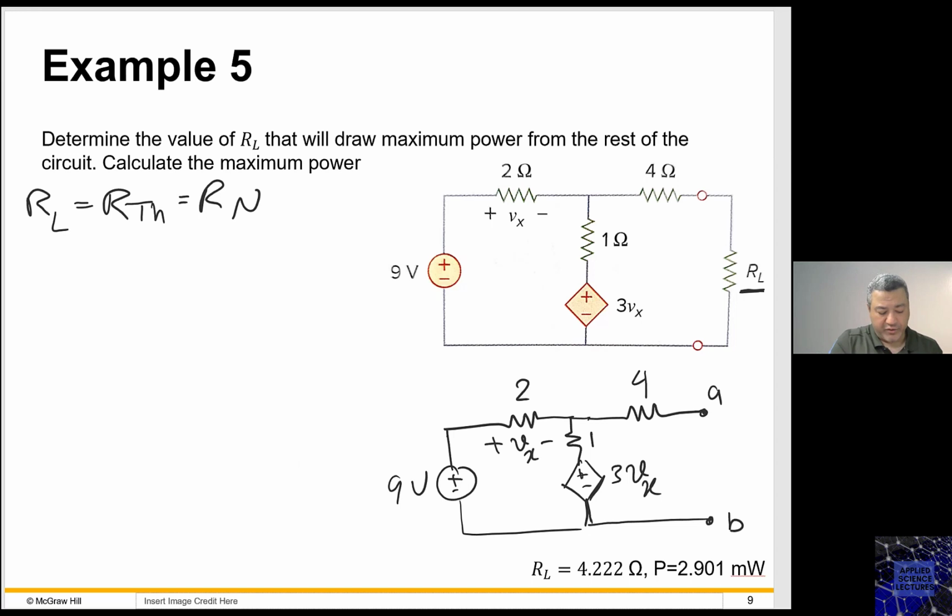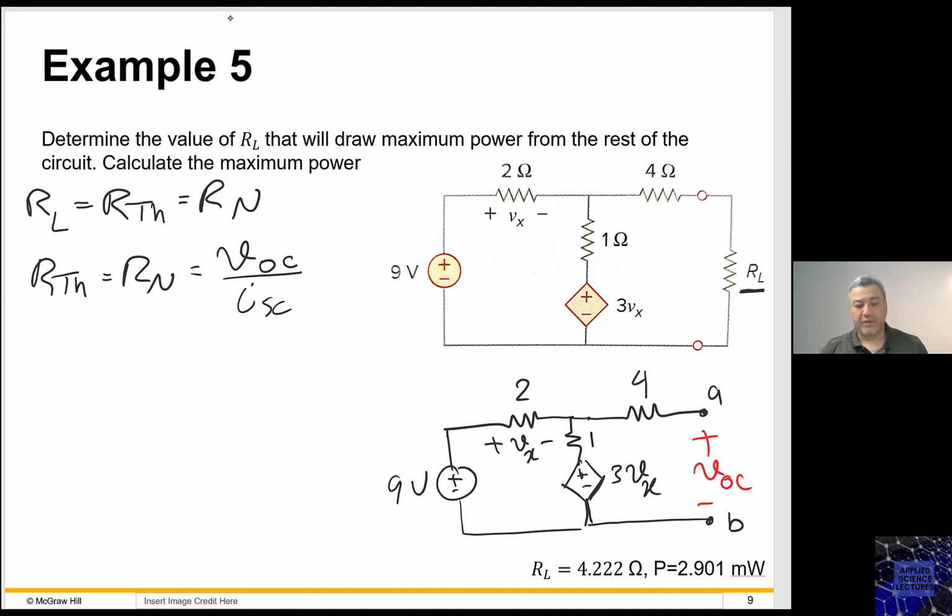So, to find R Thevenin or R Norton, I can go V open circuit over I short circuit. Let's start by calculating the V open circuit, which is the voltage right at the output here, VOC.